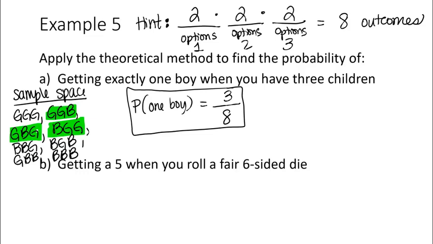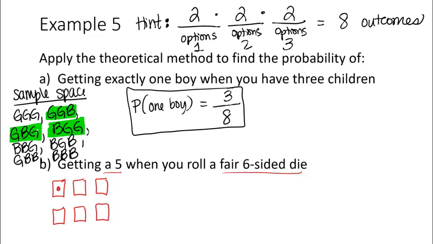Now, this example also asks me to find the probability of getting a 5 when you roll a 6-sided die. If you have not dealt with dice very much, a 6-sided die is just a cube, so it has 6 faces on it.